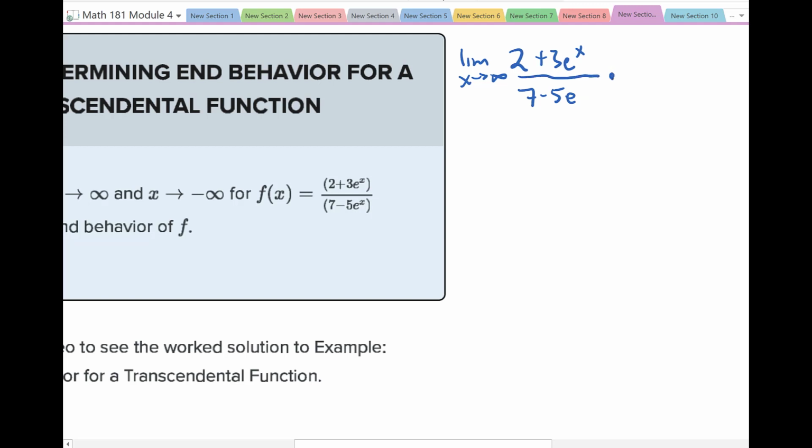But if we take this and multiply by 1 over e^x over 1 over e^x, just like you could evaluate the polynomials or the rational functions as 1 over x to whatever the highest power was, and see what happens.